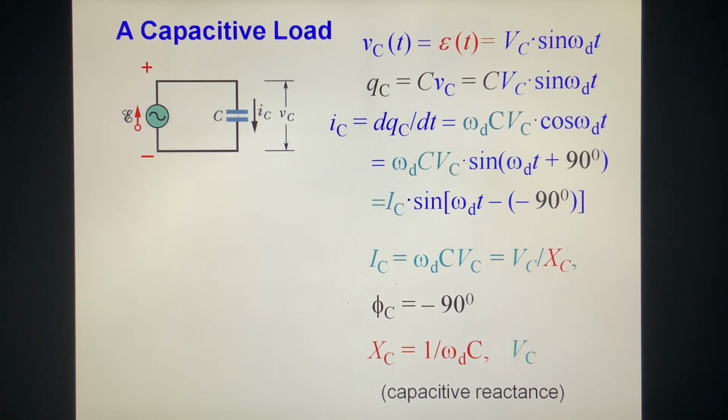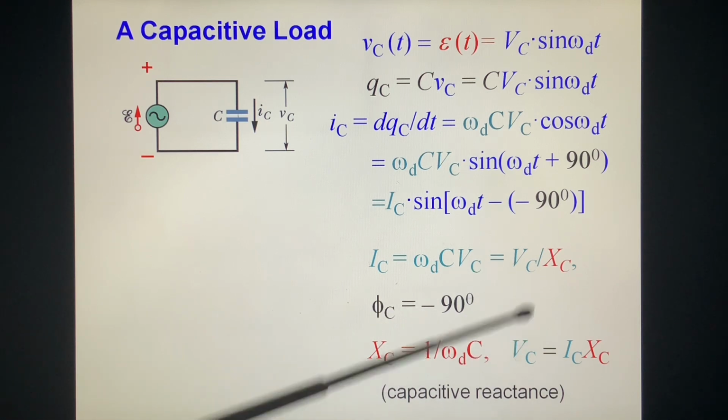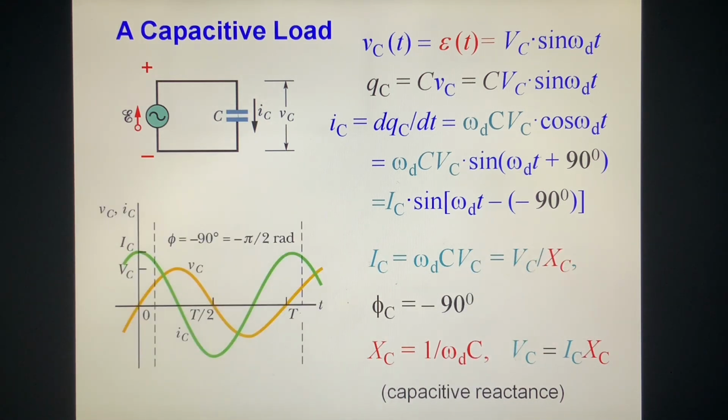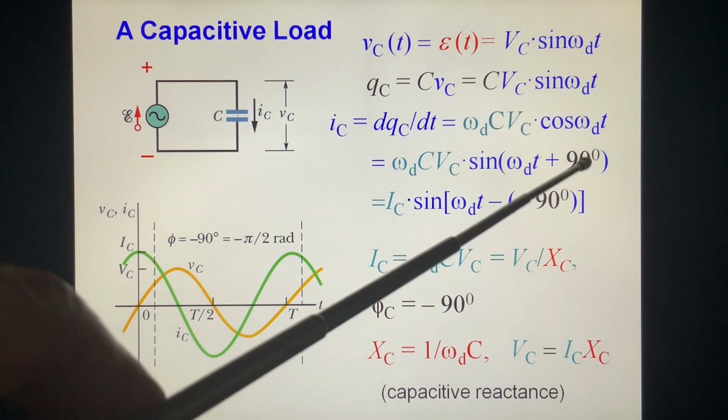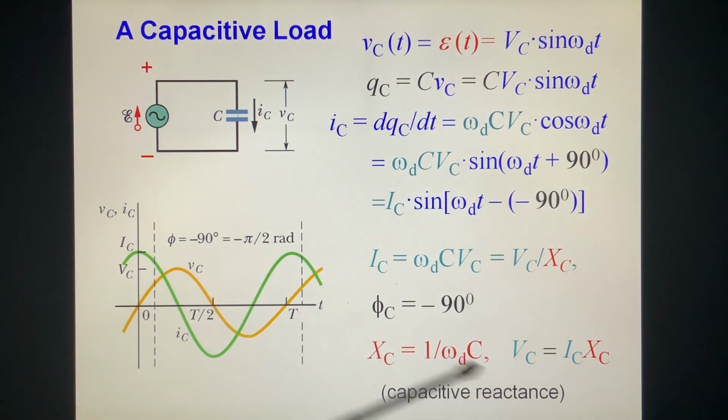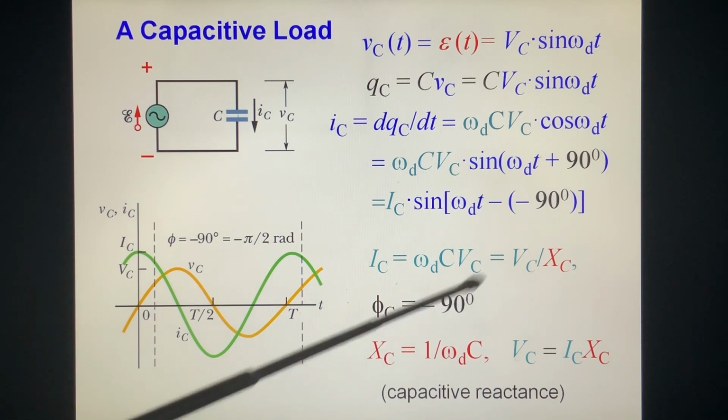If you plot in time, then we can say VC equals IC XC. We plot one, we see current in a capacitive load. Current is leading 90 degrees. By definition, the phi is minus 90. Remember, don't confuse it.